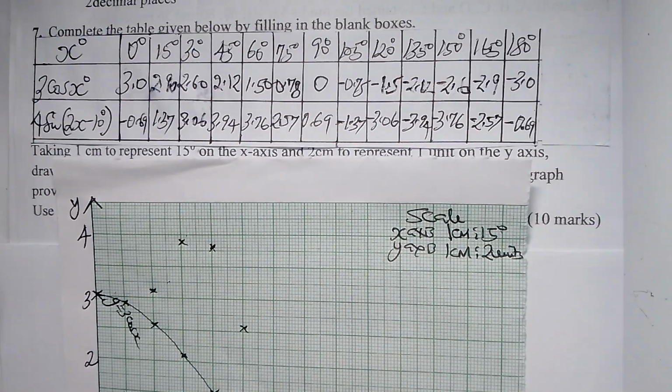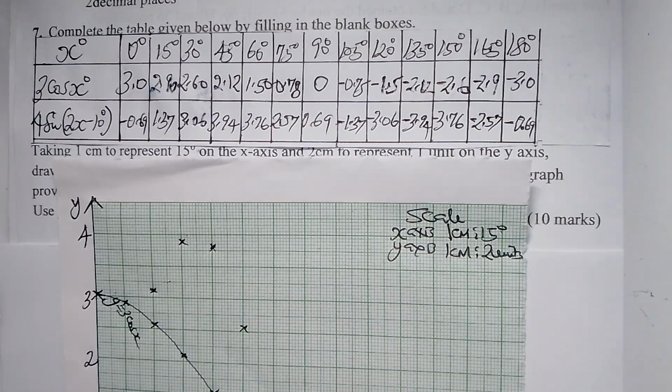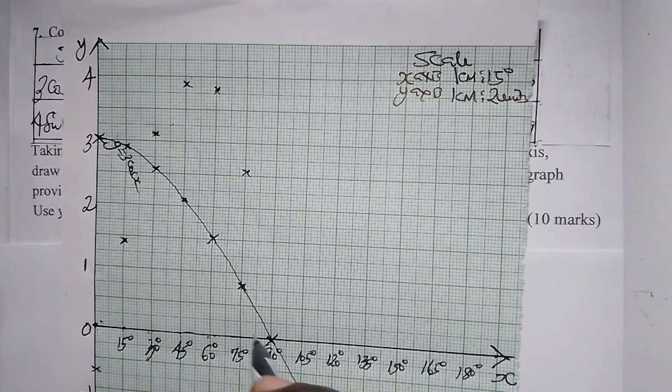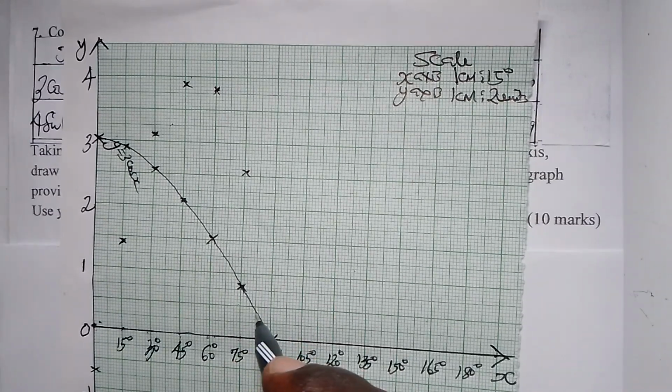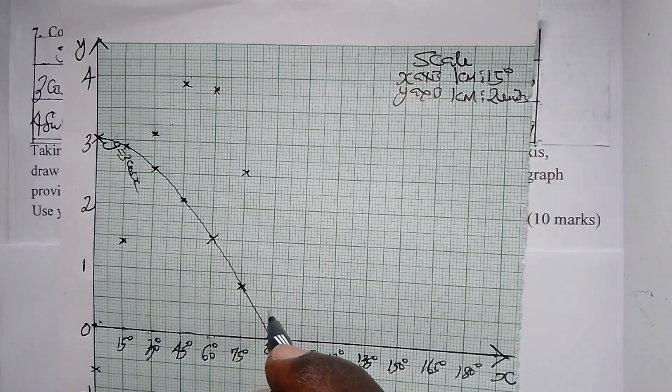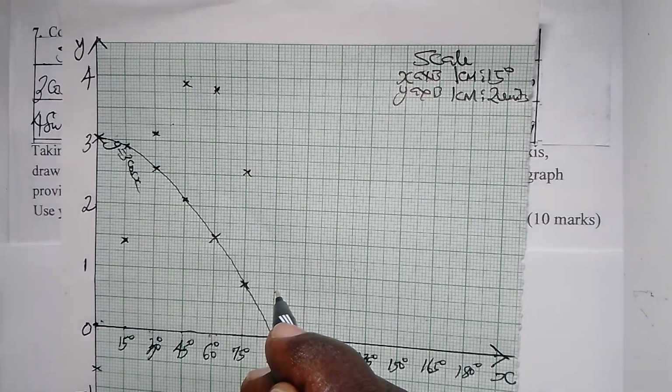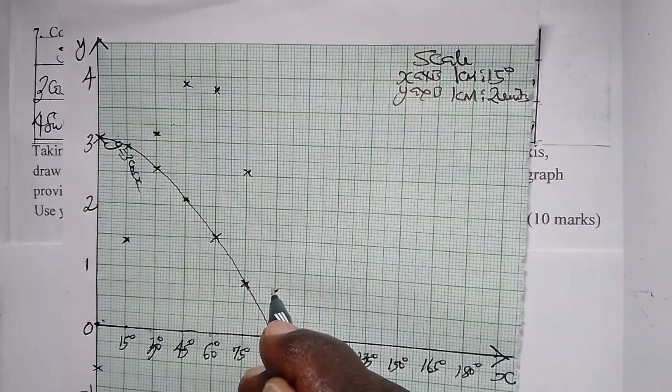When x is 90, y will be 0.7. 90 is here. 0.7 will be above 0.5. This is where we have 0.5. So 0.6, 0.7 is there. Put a mark.